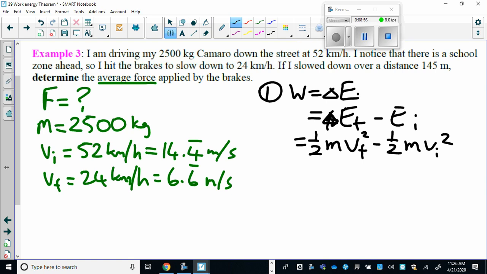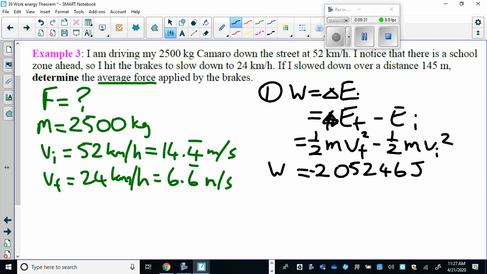If you want, you can factor out the 1/2 and the m, or you can just plug the numbers in. Of course you're going to get a negative number here because your final velocity is slower than your initial velocity. You end up getting negative 205,246 joules. All right, so that is the change in energy or the work.